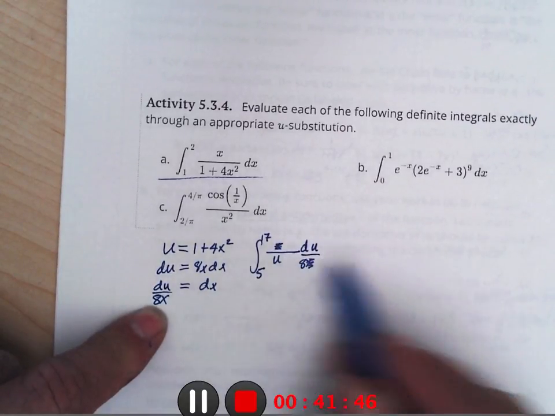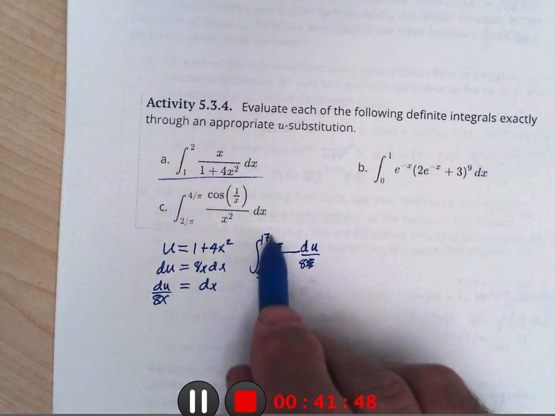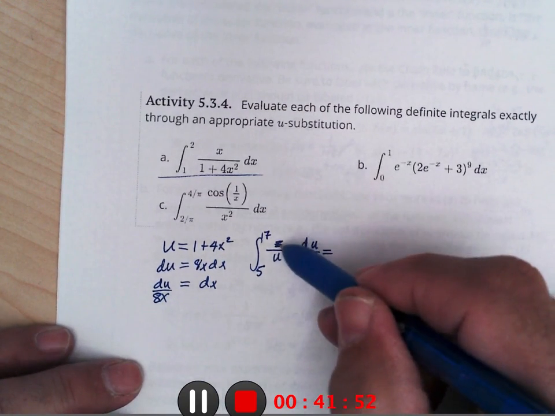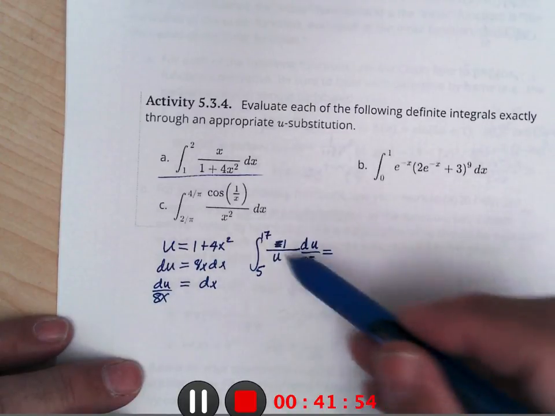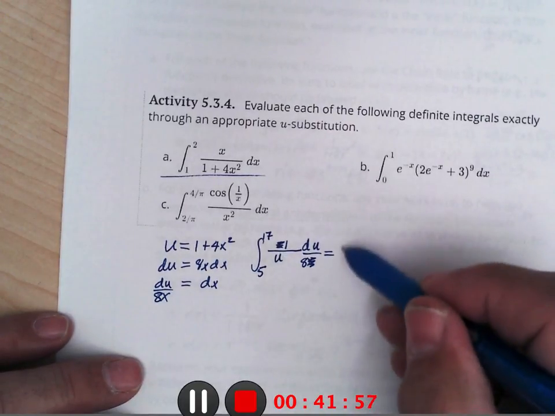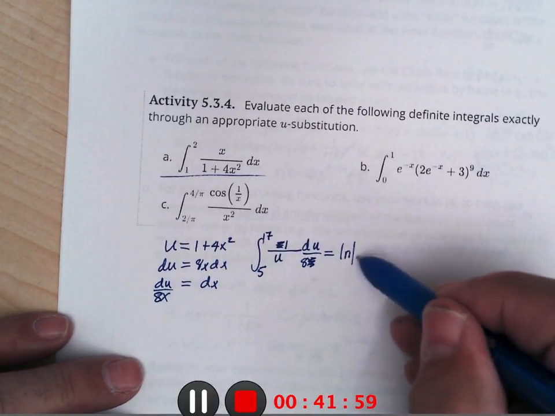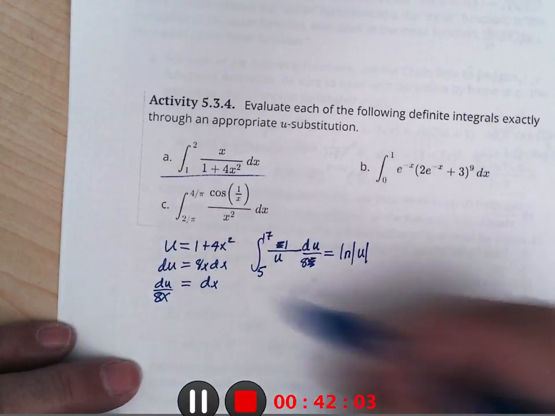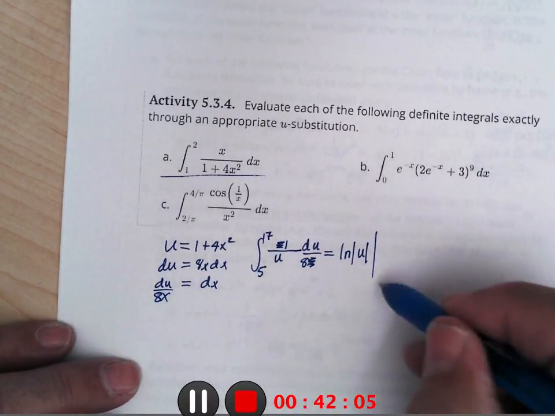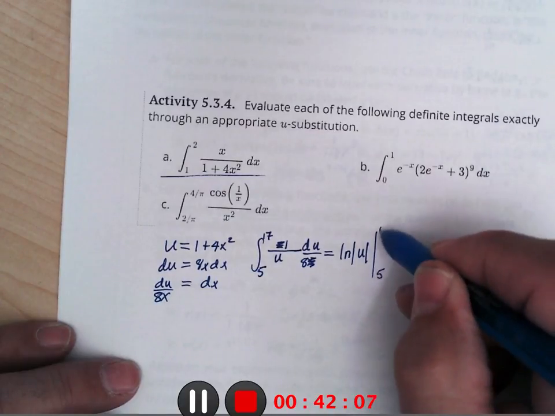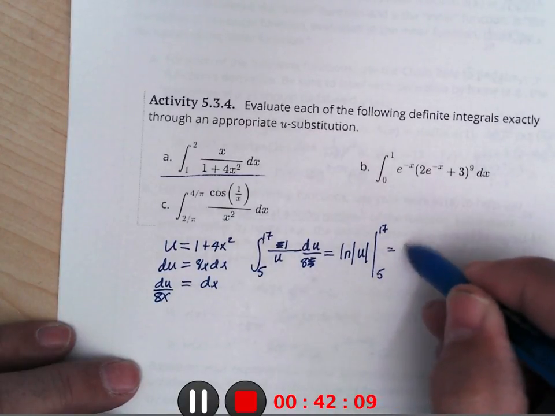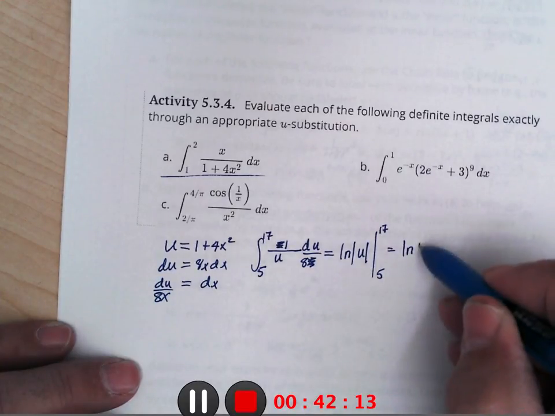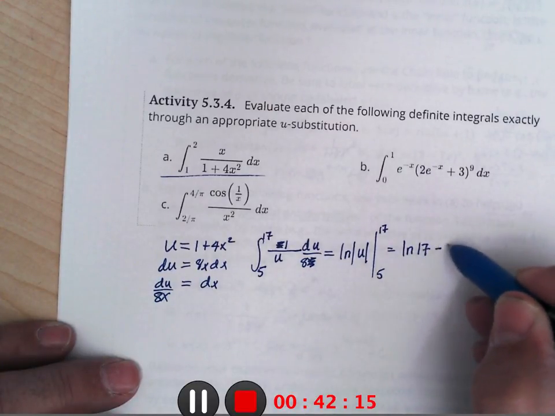Everything's in u. The limits are in u, so I can go to the antiderivative of 1 over u, which is ln absolute value of u plus c, but I'm doing a definite integral, evaluated from 5 to 17, which is going to be ln 17, I can drop the absolute value because 17 is positive, minus ln 5, and that's positive.